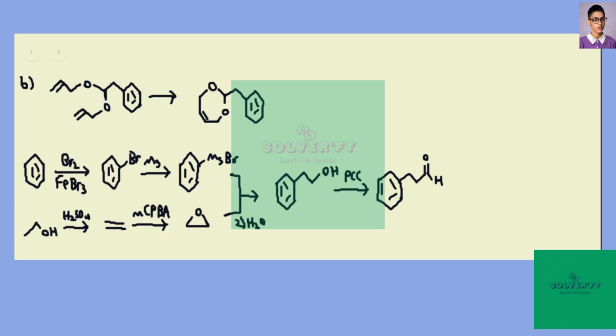And so to do that, we can use tosic acid. And we'll use what we want to make the acetal with. Okay. And so that is going to get us to our final product, which is the starting material for the ring closing metathesis reaction.